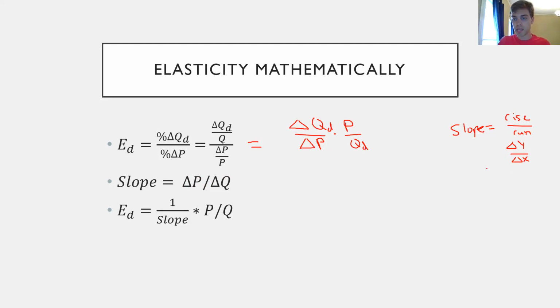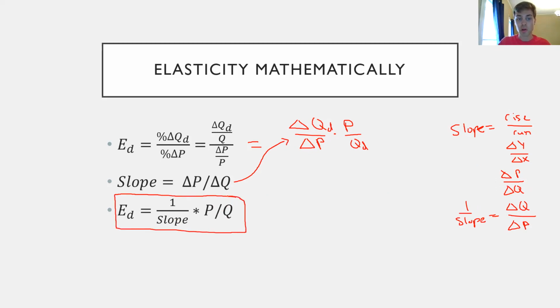So the slope in this case is just change in price over change in quantity, because quantity is on the x-axis and price is on the y. This looks an awful lot like the other term, only backwards. So 1 over the slope is the reciprocal, change in quantity over change in price, and that's exactly that term there. So we could substitute 1 over the slope in there, and we get this term at the bottom. Elasticity of demand is equal to 1 over the slope times price over quantity.